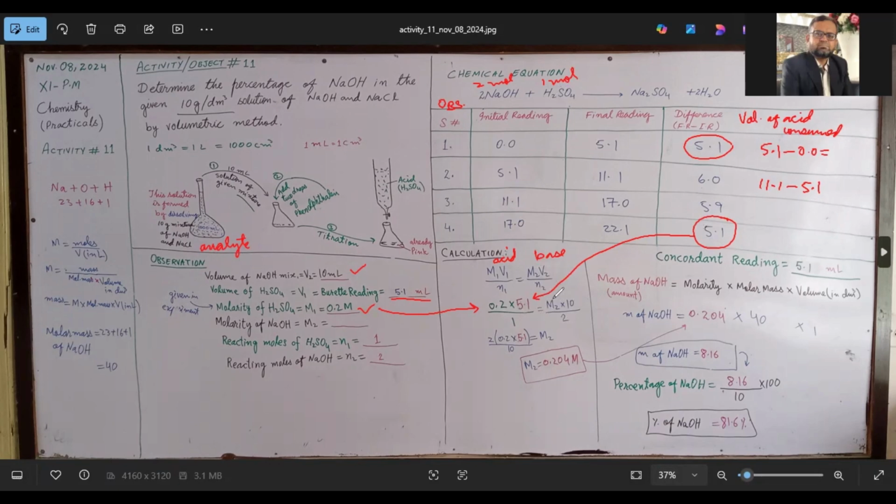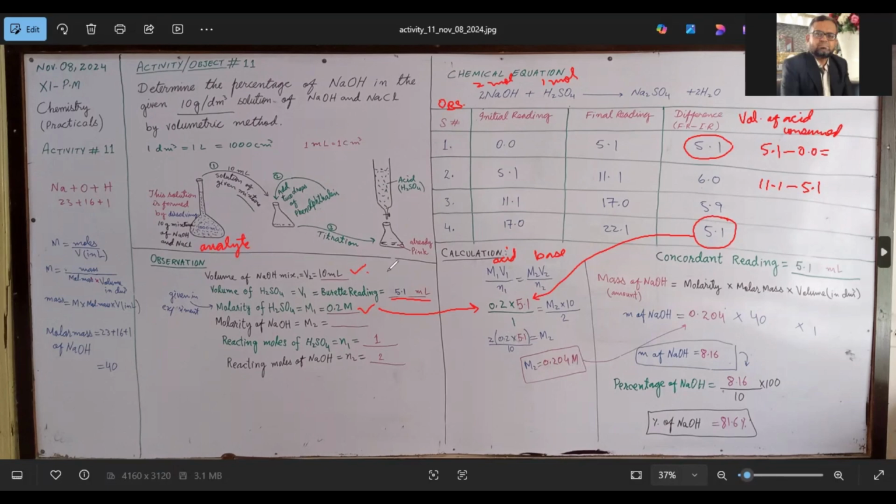And M2 we have to calculate. 10 is there because we have taken the 10 ml. And 2 from the 2 moles. So in this way, you got this. So M2 is equal to, you shift the 2 here and 10 here. So what you got, the molarity is 0.204 molar for sodium hydroxide.